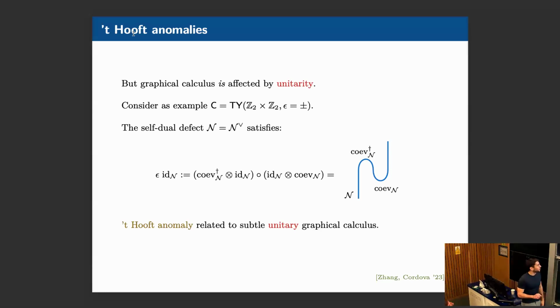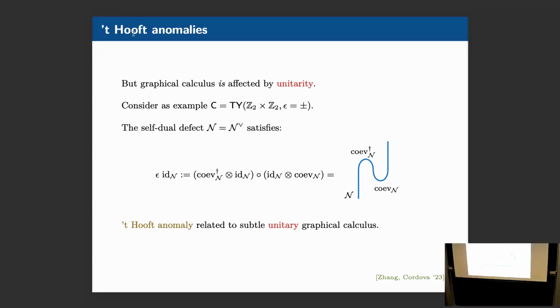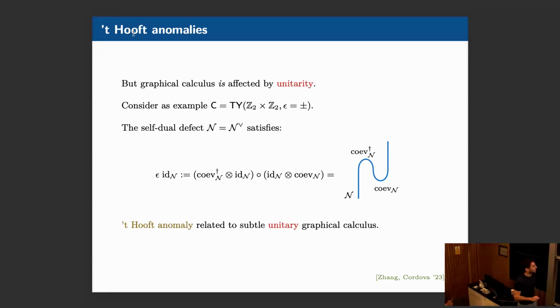You can make the argument that having a non-trivial Frobenius-Schur indicator for your self-dual defect is an indication of whether your fusion category is anomalous or not. The way you can understand the Frobenius-Schur indicator is that you may have situations like this where you have your self-dual line, and you want to deform it and make it straight, the identity.